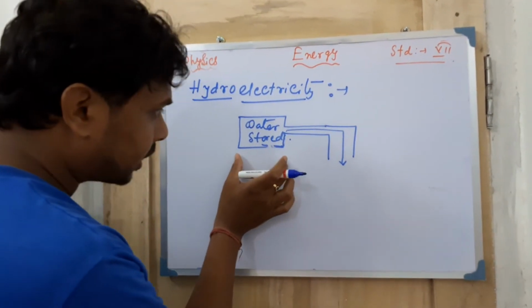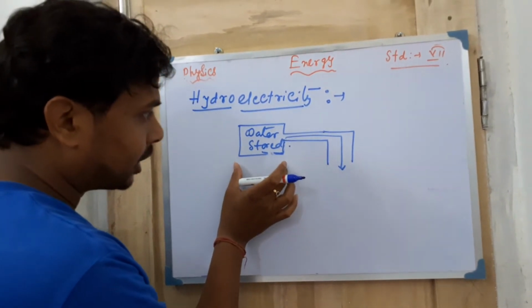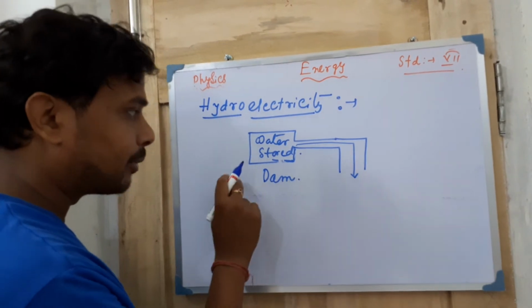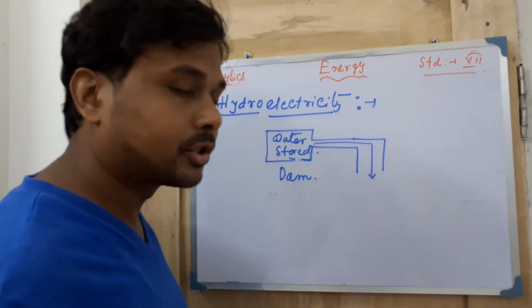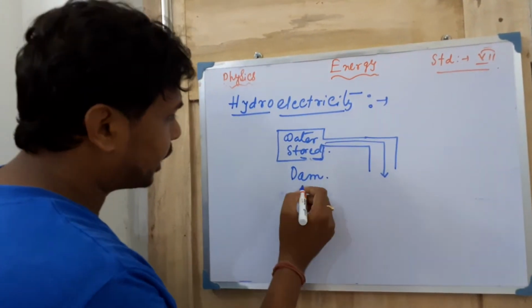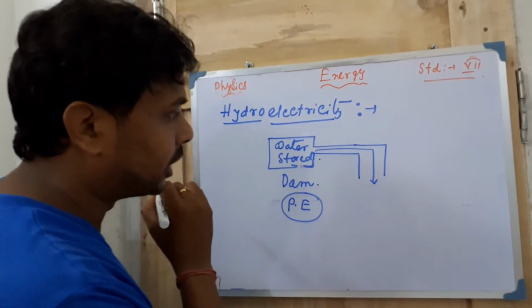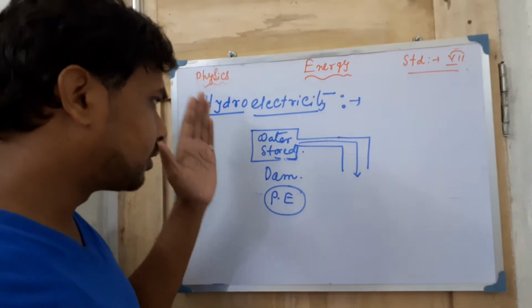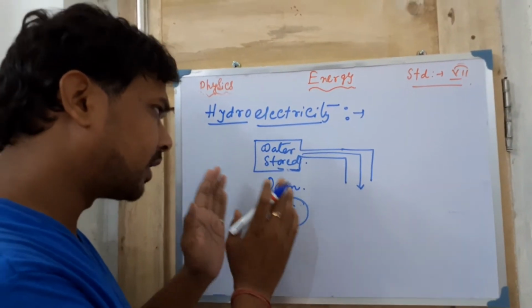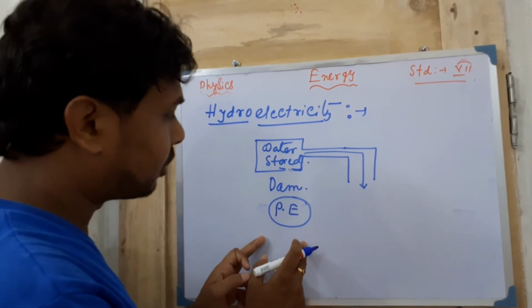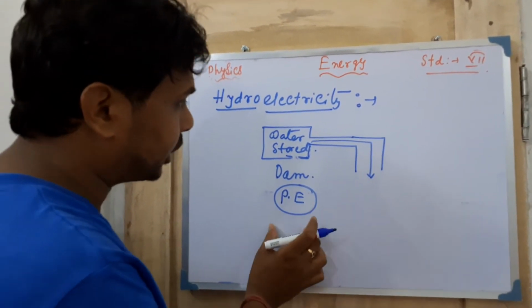When the water is present in a particular place in a dam, what type of energy is present here? We have to say in a single word that only potential energy is present here, because this water is in a particular place with no movement, so all the energy is in the form of potential energy.